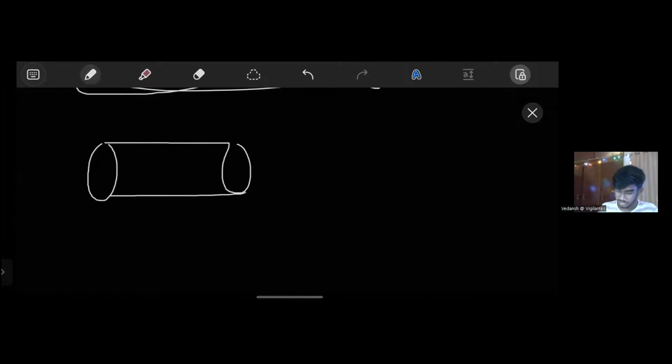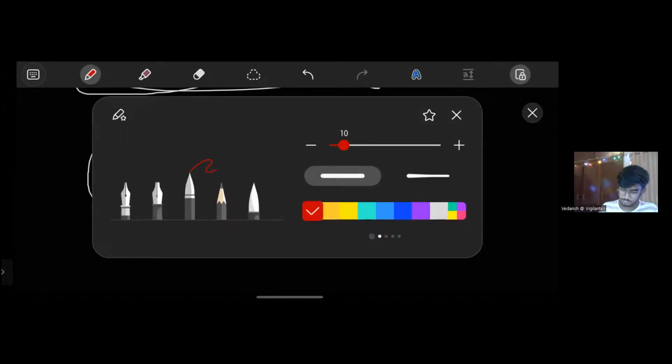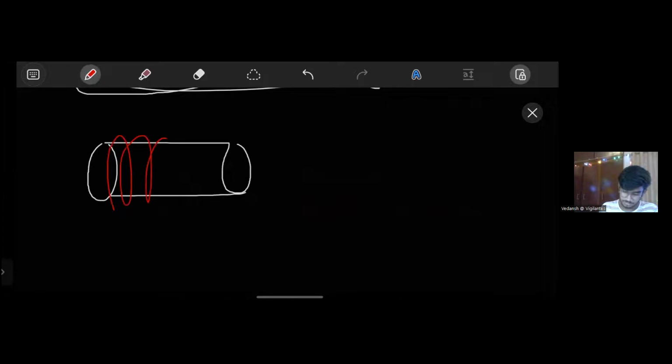Now, next thing. Let me give you the concept of rheostats. It is basically a machine like this. It has copper windings on it, like so. Then it is connected to a circuit.